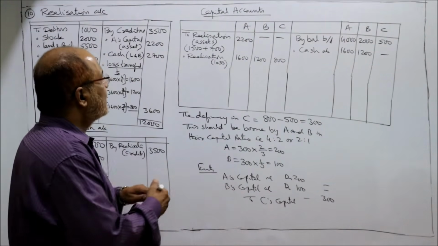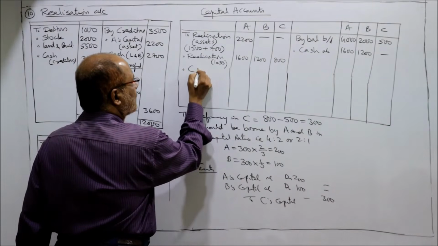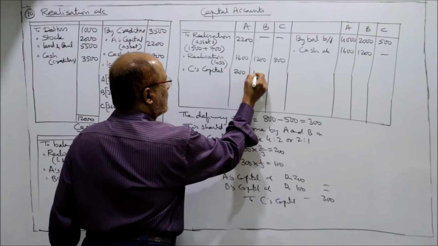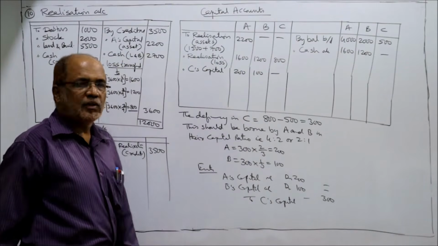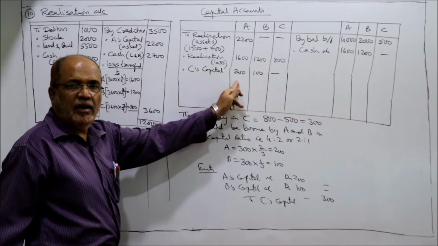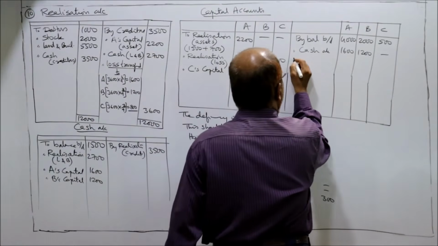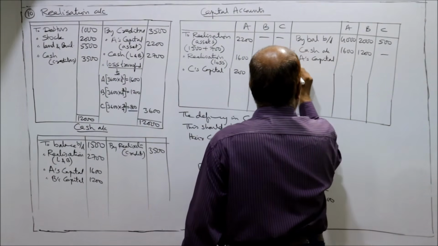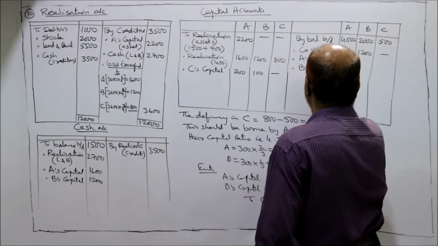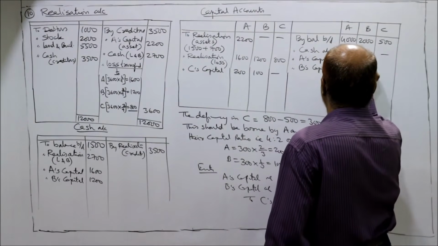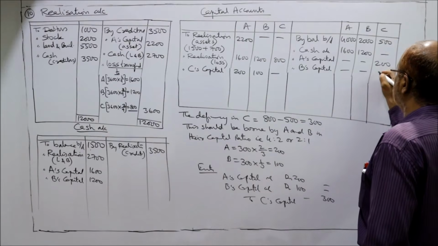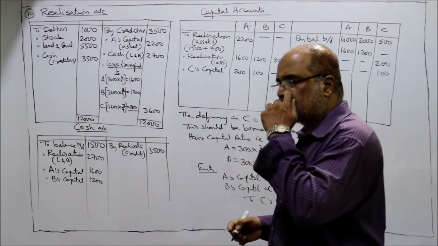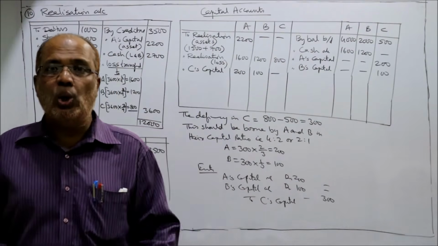A और B को डेबिट करना है, तो टू C's कैपिटल 200, 100. तो दोनों को डेबिट कर दिया 200, 100. अब C को क्रेडिट करना है बाय A's कैपिटल, बाय B's कैपिटल. 200, 100. Finished. By posting this, C's account is closed.